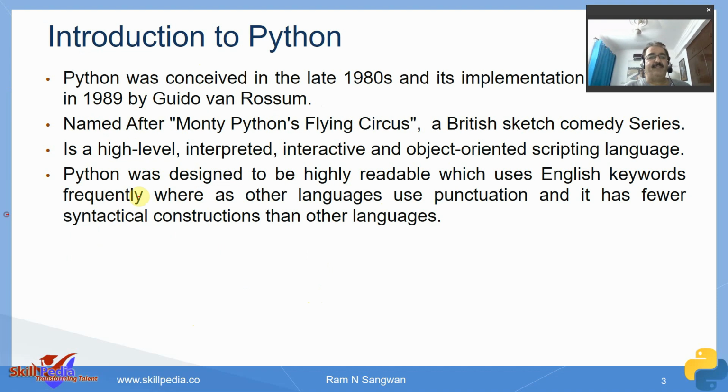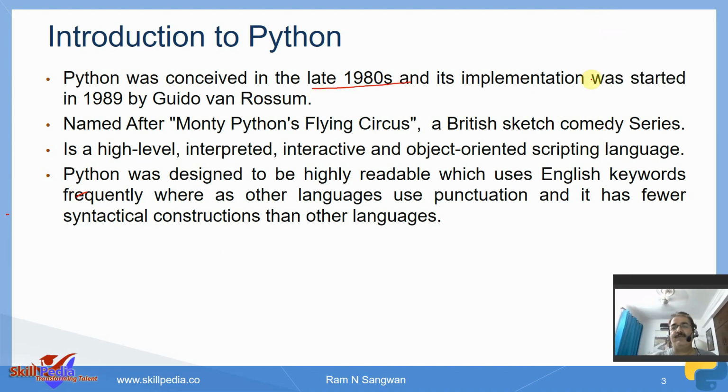Introduction. Python was conceived in the late 80s and its implementation was started in 1989 by Guido van Rossum. Python was named after a British sketch comedy, the Monty Python's Flying Circus series. It's a high level language.